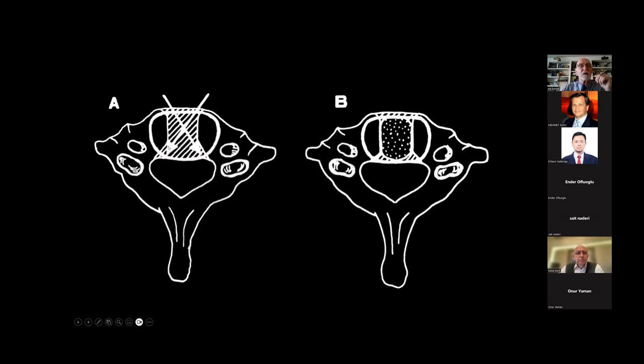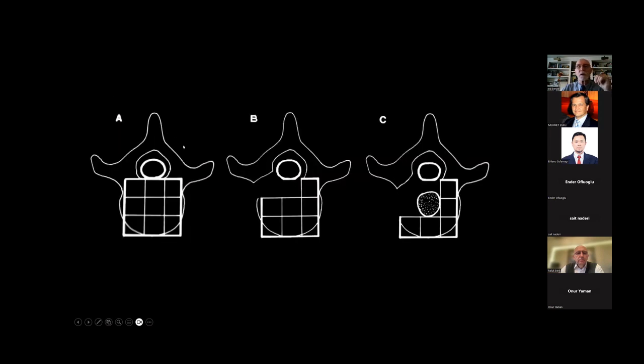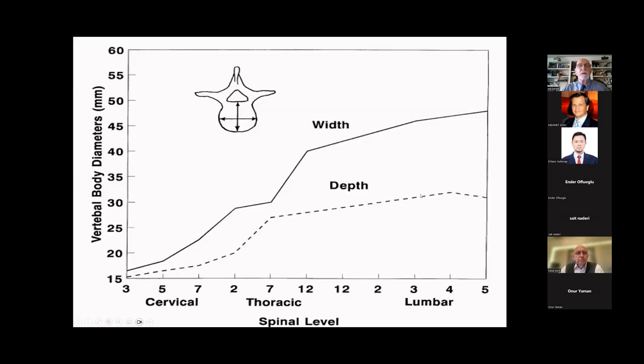I call this the Erlenmeyer flask approach, where we can do this decompression at an angle and get a wide decompression, but through a relatively narrower corridor. Again, this would be akin to a lateral extracavitary approach, where we leave a lot of the Rubik's cubes and replace the ones that we remove with some sort of a strut for stability.